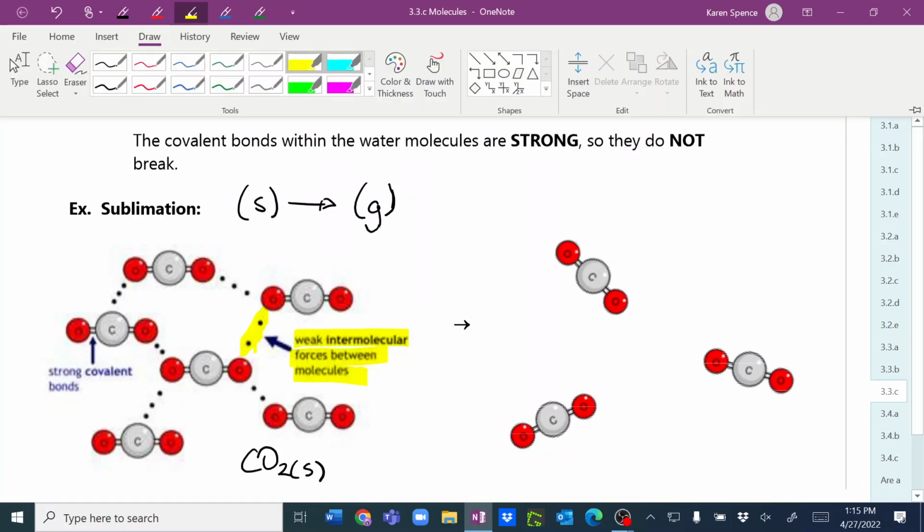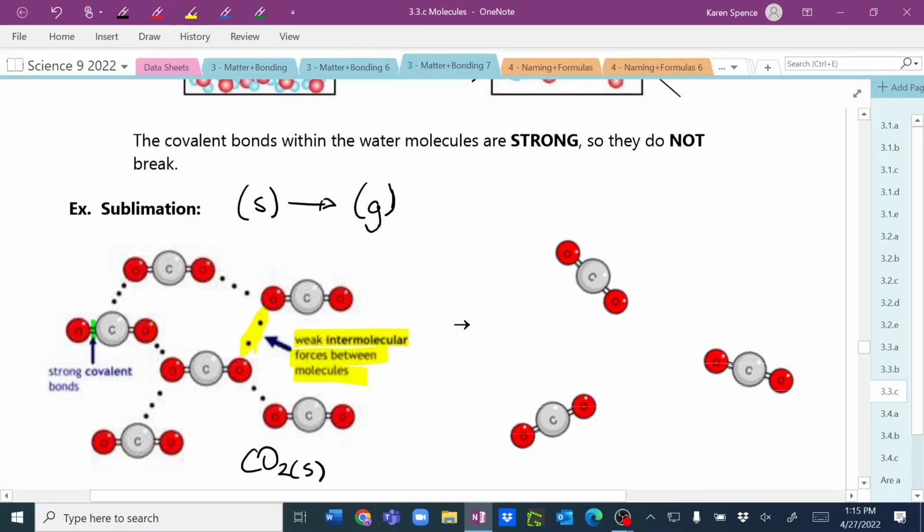Within the molecule, we have those strong covalent bonds, and those stay intact, but the weak intermolecular forces have broken when we heat it.